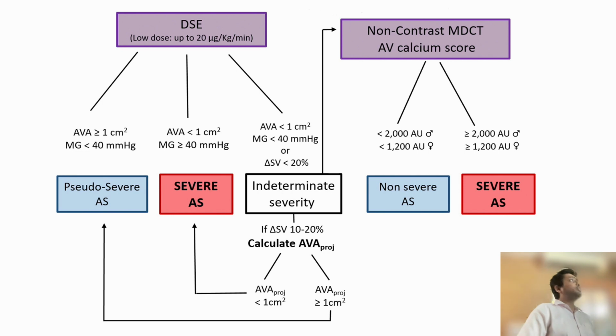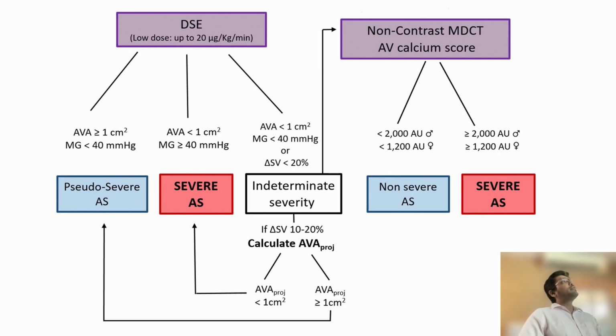Now after DSE, if the aortic valve area is more than or equal to 1 centimeter square and the mean pressure gradient is still less than 40, then it is a pseudo severe AS. If after DSE the aortic valve area becomes less than 1 centimeter square with mean pressure gradient more than 40, then it is a severe AS.